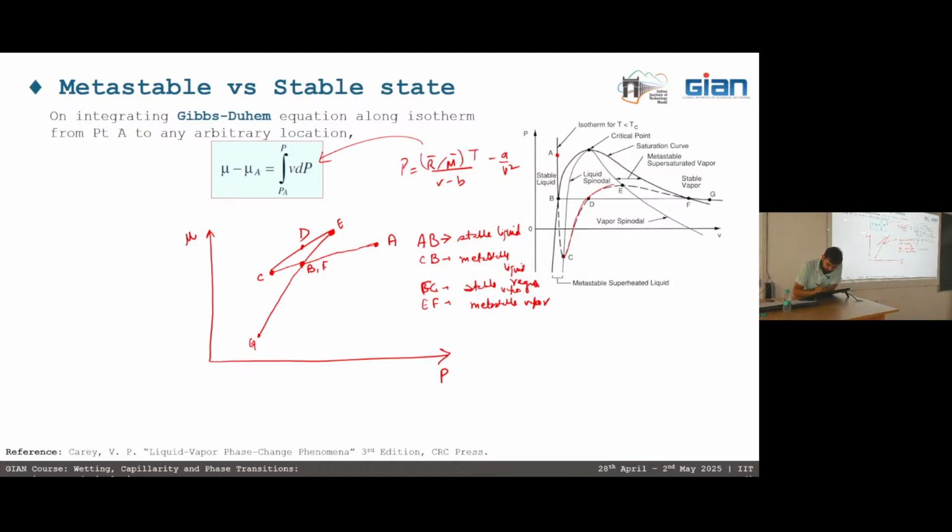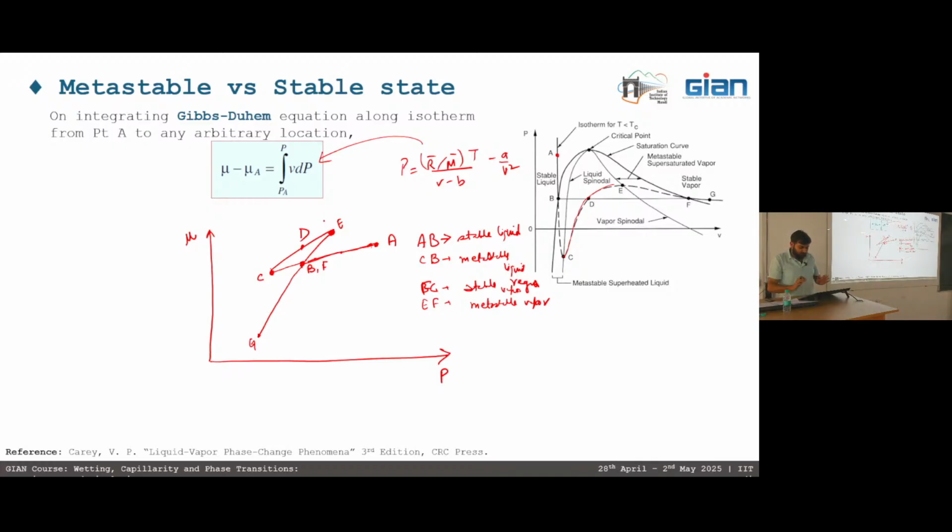Now this CDE is not accessible to the system. So any state can be present here, here, or anywhere on the curves between C and A, or anywhere between E and G. But C to E is not accessible to the system.